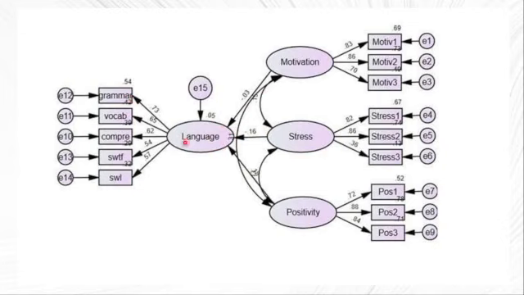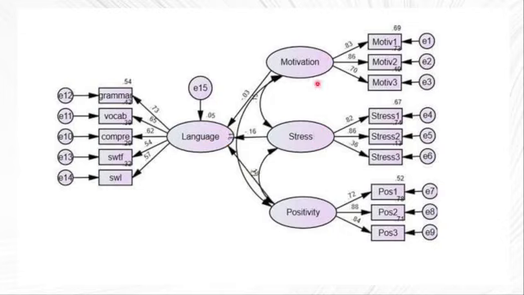So language proficiency can be measured using questions related to grammar, vocabulary, comprehension, organization of ideas, something like that. These scores will also be given to us along with the measurement error. And here you see how motivation, stress and positivity have an impact on or influence language.